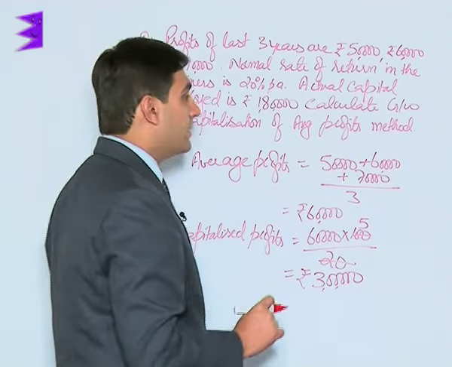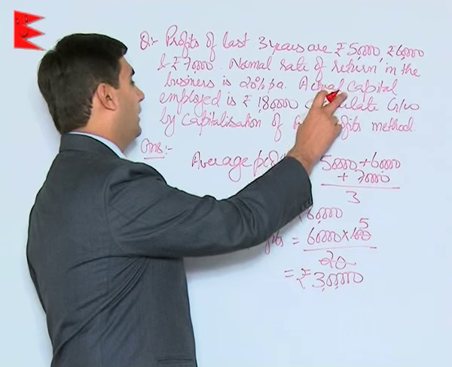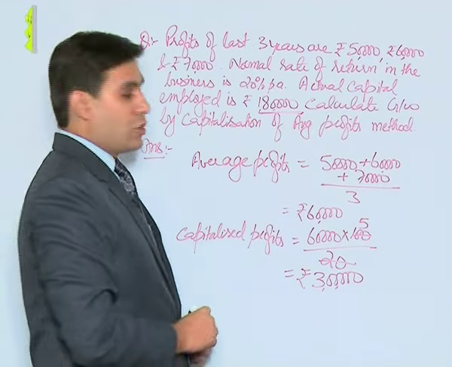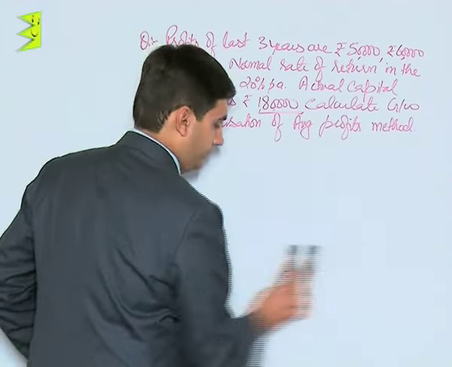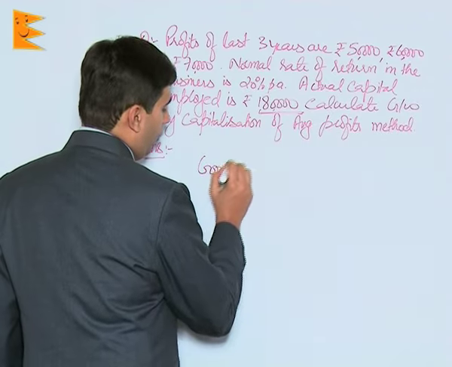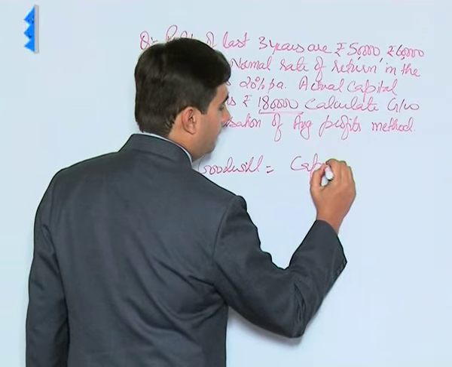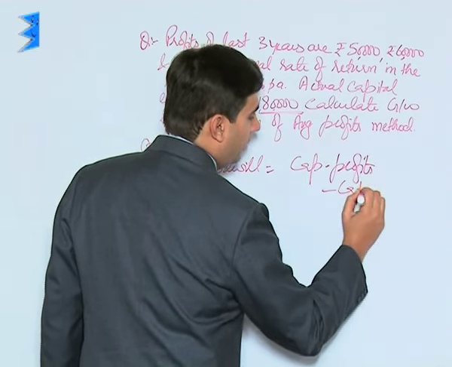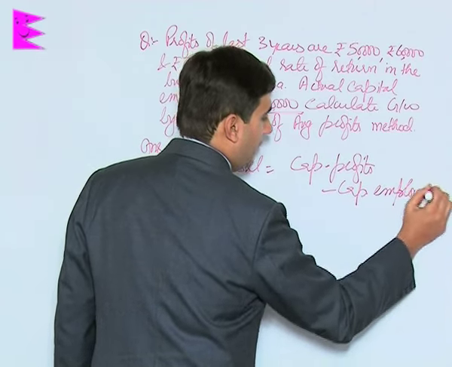Now students, let us calculate the capital employed in the business. The capital employed in the business is given to be 1,80,000. So now we can clearly say that goodwill is equal to capitalized profits minus capital employed, which in this case is 1,80,000.